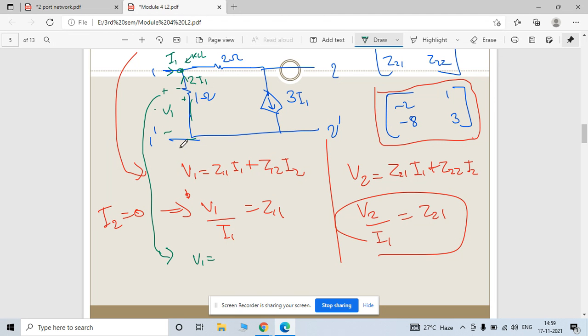So V1 is equal to minus of this 2 I1 multiplied by 1 ohm resistance. Taking I1 as the denominator, this is nothing but your Z11.